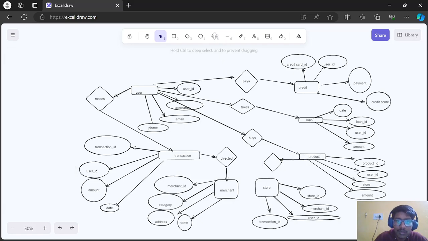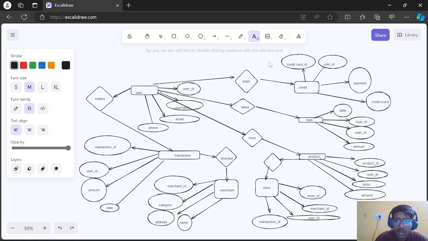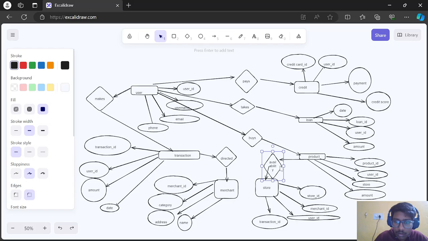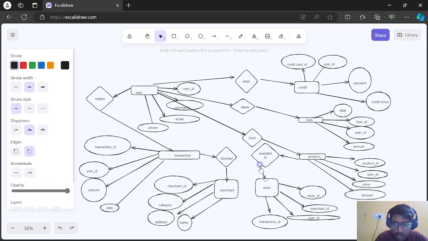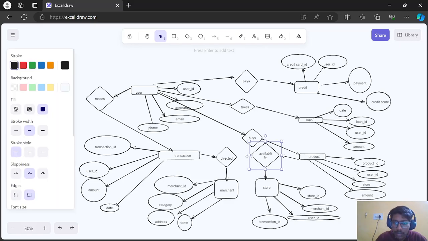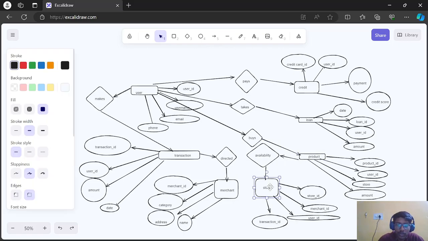So that would be the relationship between a product and a store. Okay, let me make it a little more. Yeah, I guess that should do it.